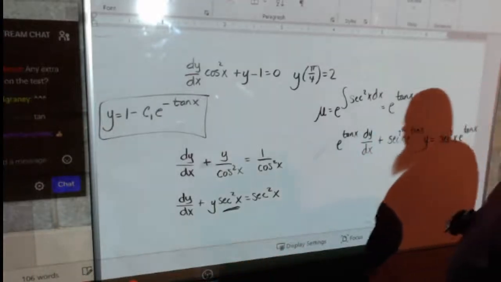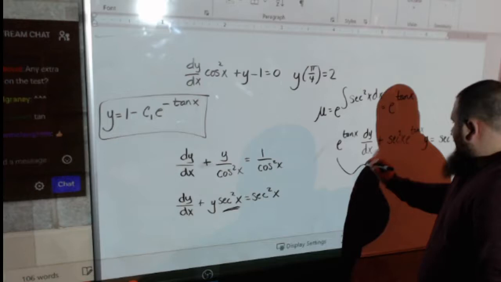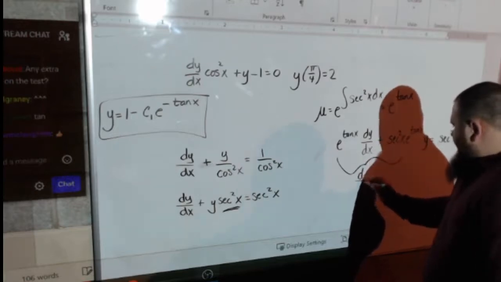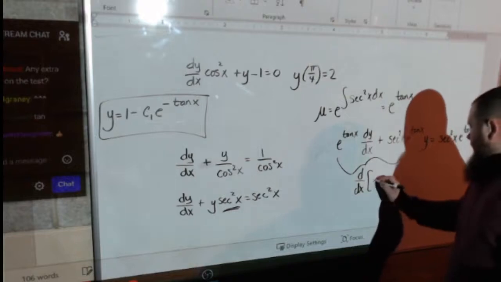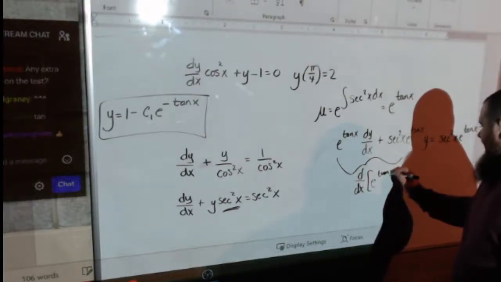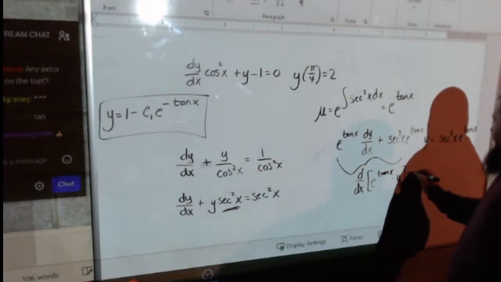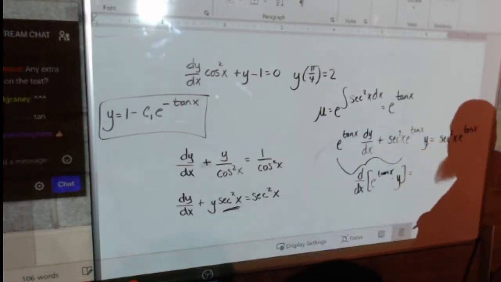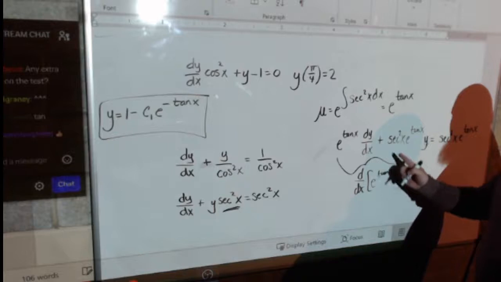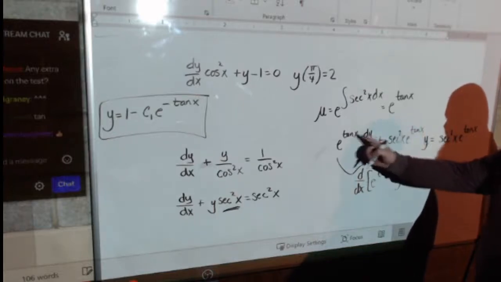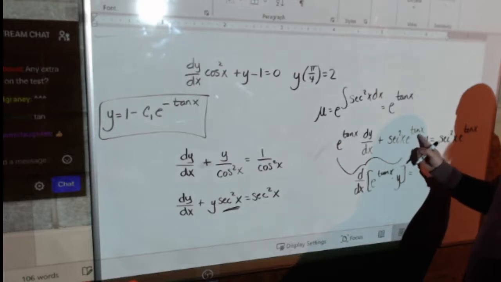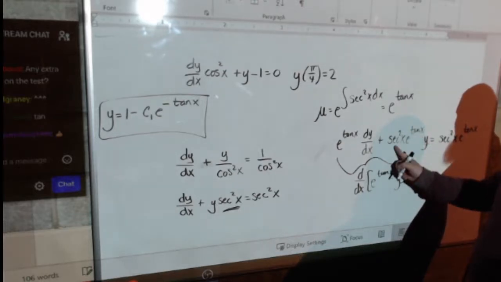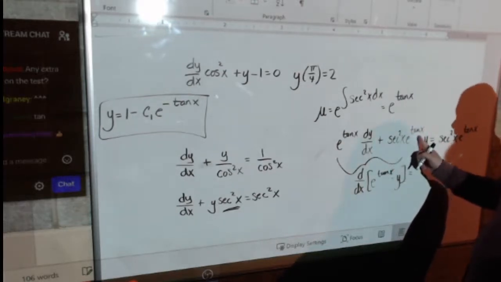All right. So if we did this right, this side should collapse to d dx of e to the tan x, the integrating factor, times y. Which in fact it does, because this is dy dx, leave e alone, and then over here, the derivative of tan gives you secant squared, and then you get back e to the tan again.